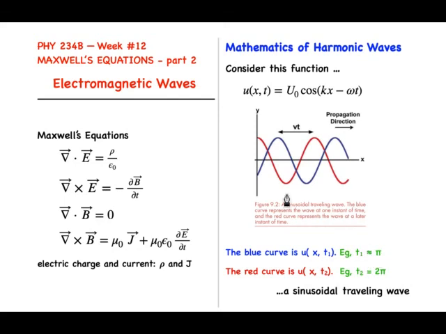T1 could be approximately pi over omega, where the cosine would be minus 1. Then the red curve is u of x and t2, where t2 is a later value of time, let's say 2 pi divided by omega.